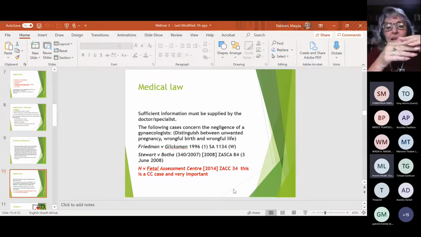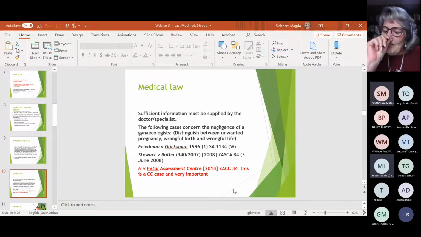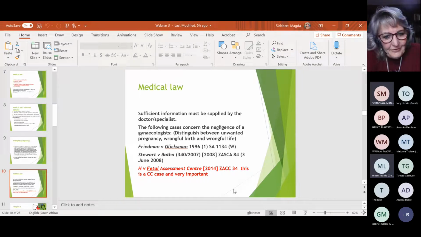It was seen as contra bonos mores, because it means the child institutes action and the child then argues, of course, with the help of his parents and legal people, that he or she should never have been born. And we call that claims for unwanted life, or wrongful life.